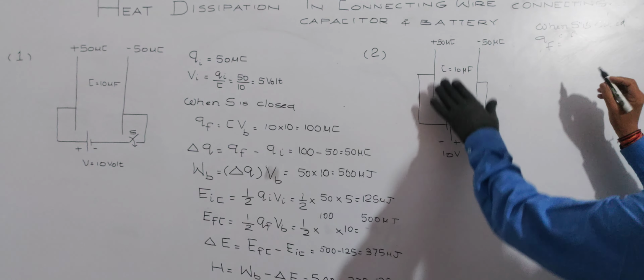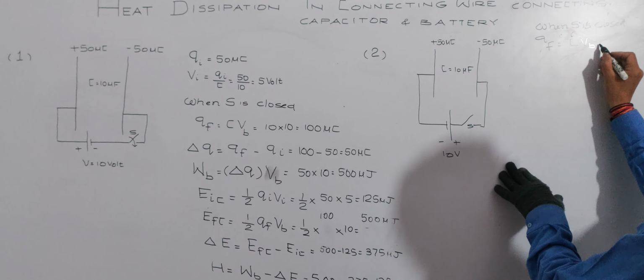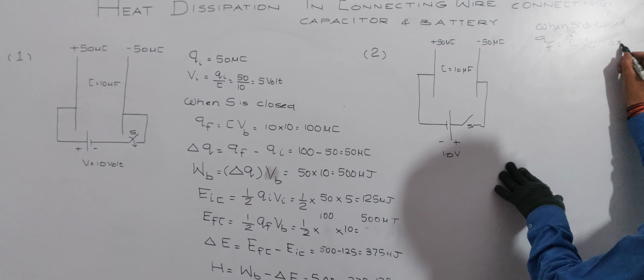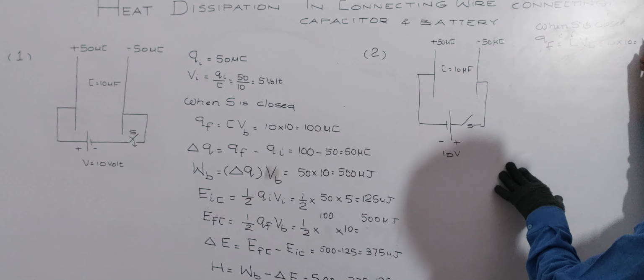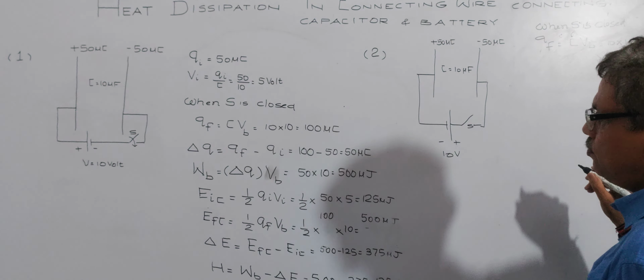The final charge can be written as C times V of battery, and 10 into 10 is 100 microcoulomb. Is it 100 microcoulomb?